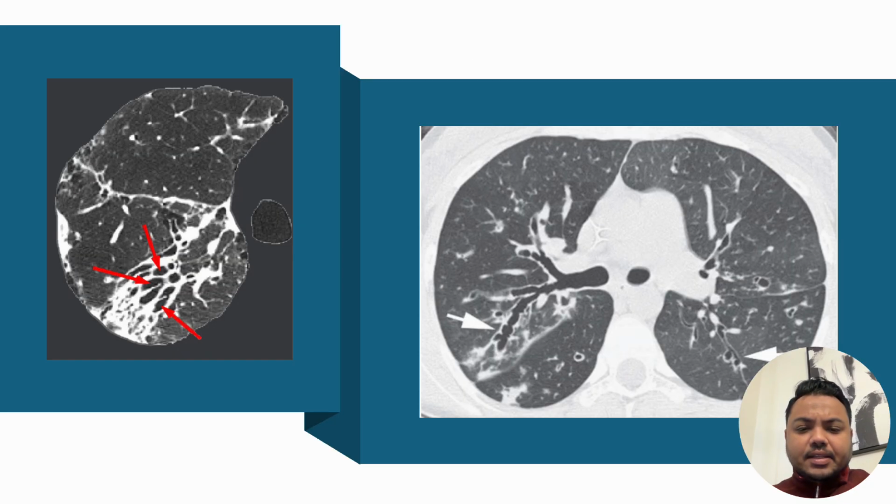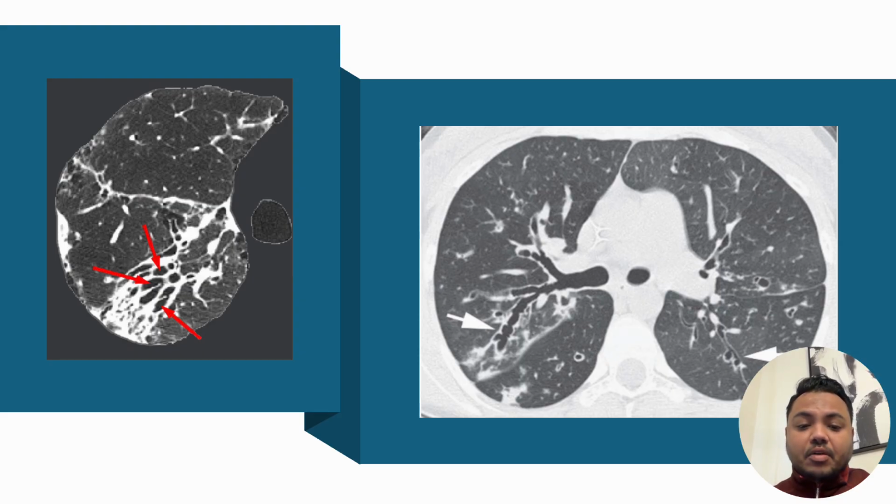If you look at these couple of images, let's have a look at this image first. You can see bronchial dilatation here, but if you look closely, there is associated interstitial and lung parenchymal damage here. So clearly some fibrotic changes are noted. What happens here is, due to the lung fibrosis, the bronchus is pulled towards the fibrotic tissue and you have a dilated bronchus, which does appear like bronchiectasis, but this is not a true bronchiectasis.